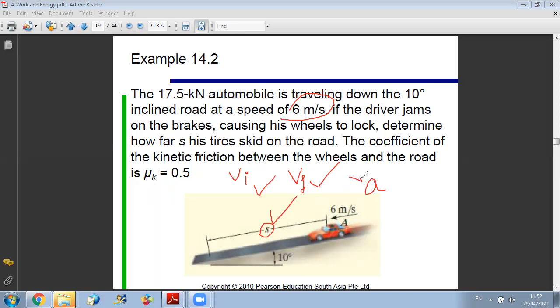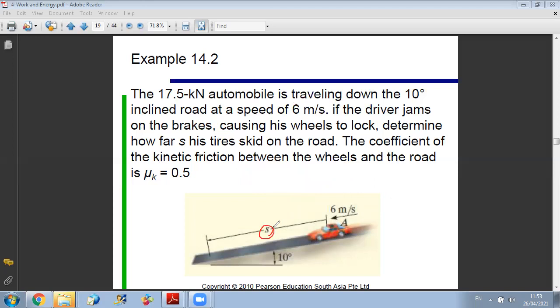You should write an equation to get a, then use the relation independent of time to get s. While work and energy will give you just this in one equation. So always try to use the method that is the easiest one and will not require a lot of time. So now here we need to determine s, so we need to write the principle of work and energy.